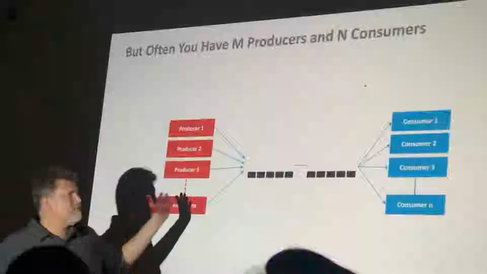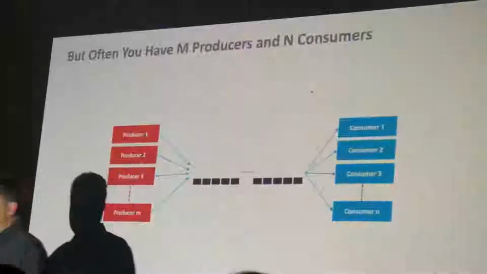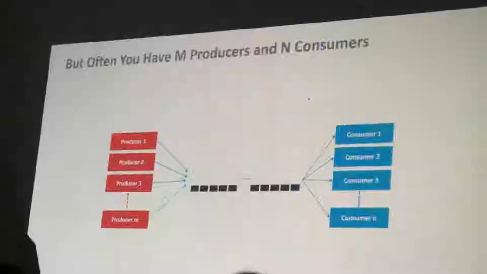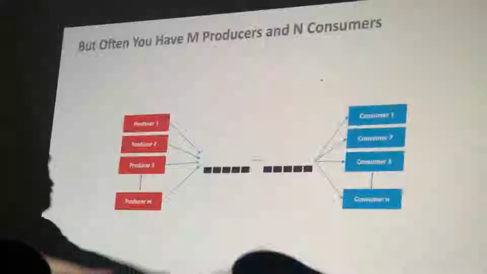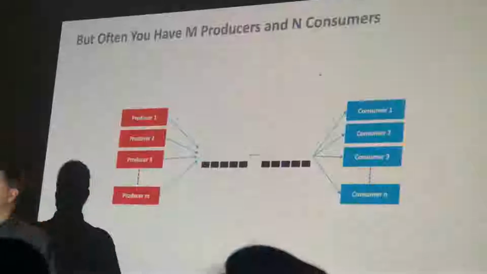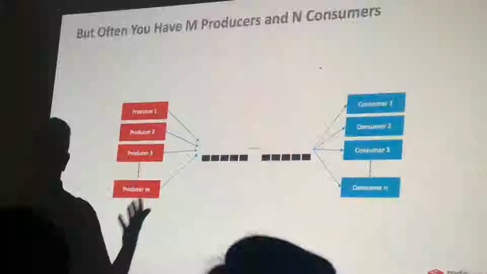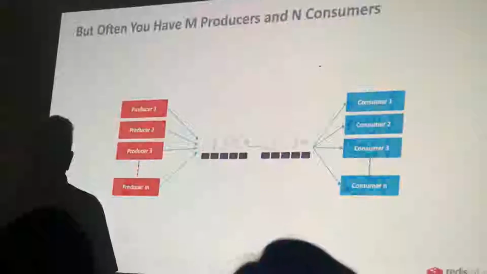Well, that's probably not going to be able to keep up, right? Because there's a lot more going on looking into an image than there is just producing the tweet. So you might need to scale up this side. The point about streams is that the producers and the consumers are almost never creating data at the same rate.